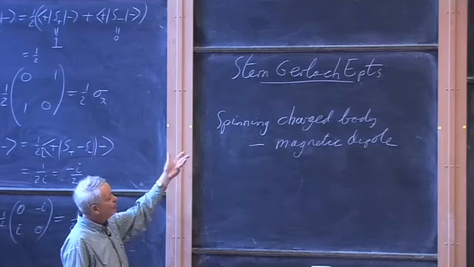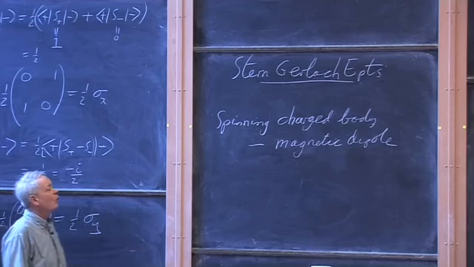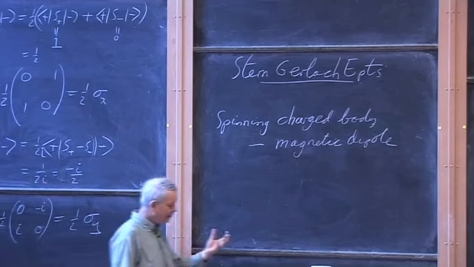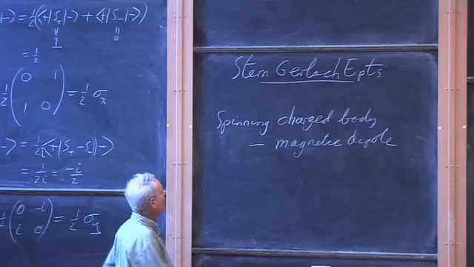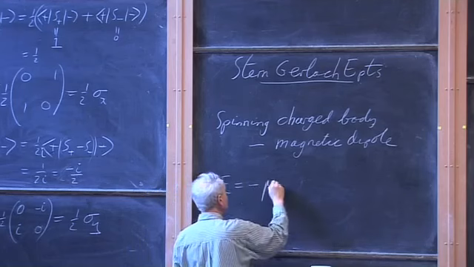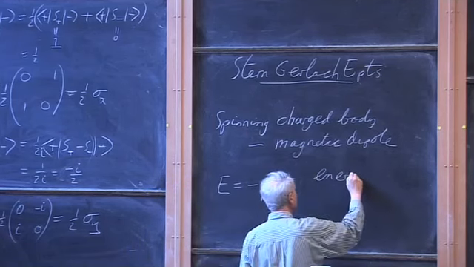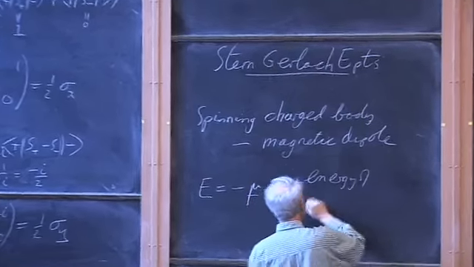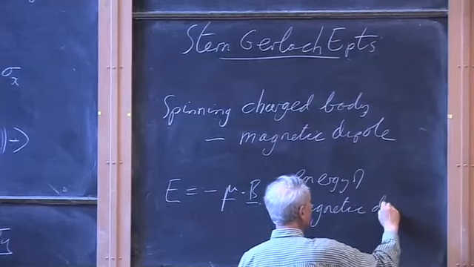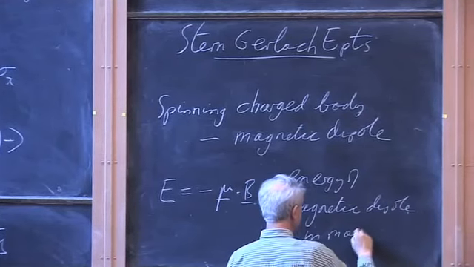Electrons, neutrons, protons, being spinning charged bodies, have little magnetic moments. They are little magnets. So if you put a magnet in a B field, you have, this is the energy of a magnetic dipole in a magnetic field.